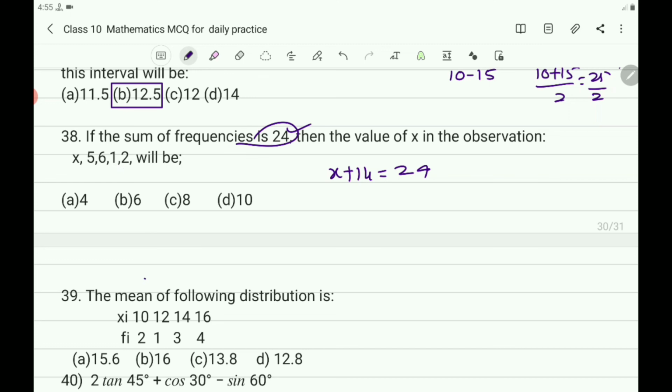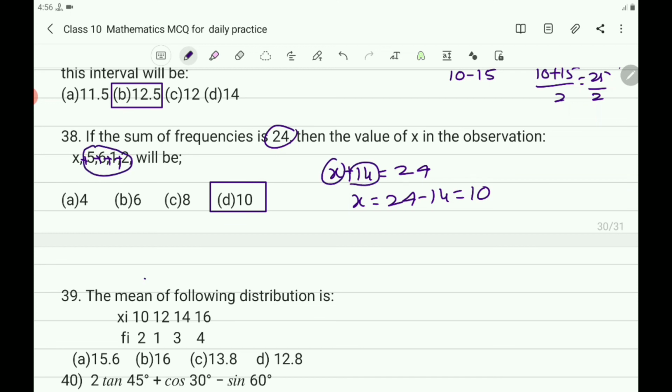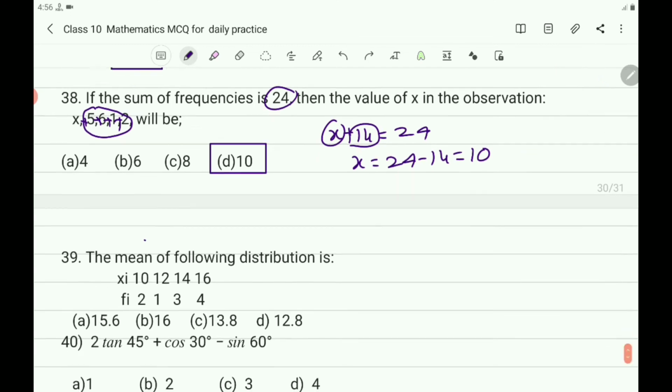So x equals 24 minus 14, that is 10. So the answer is option D, 10. The sum of these four is 14 and plus x, so you get the value of x, that is 10.